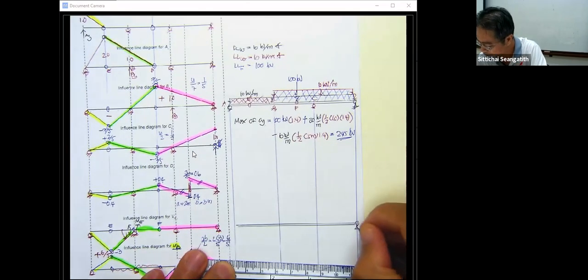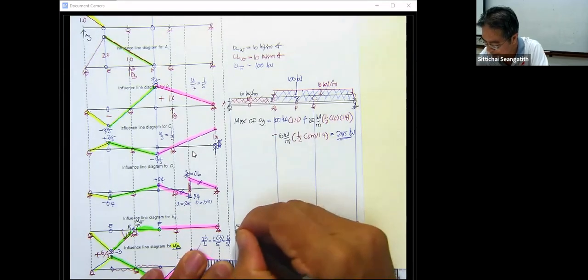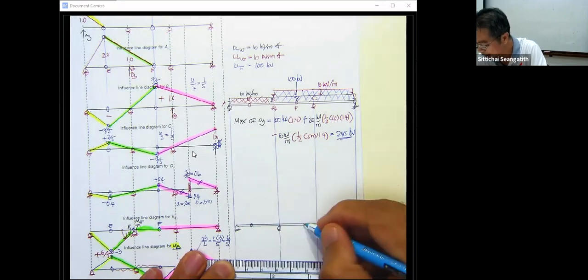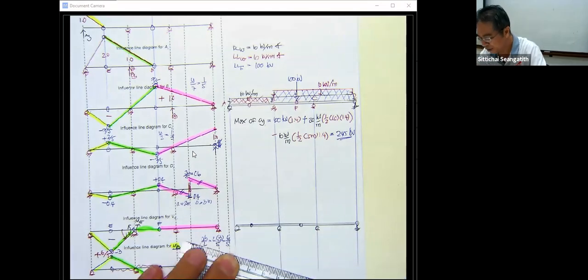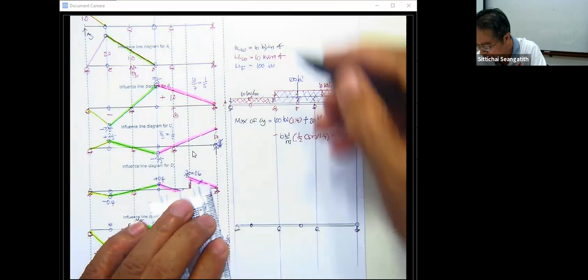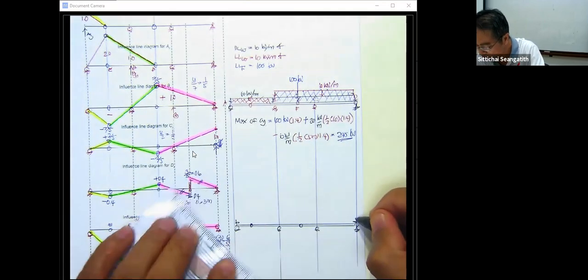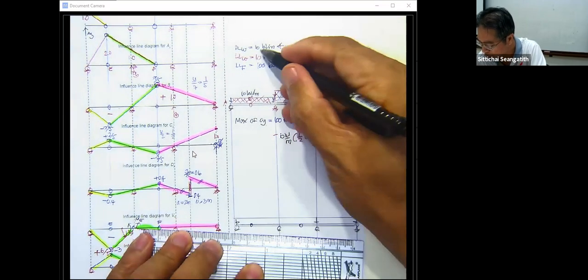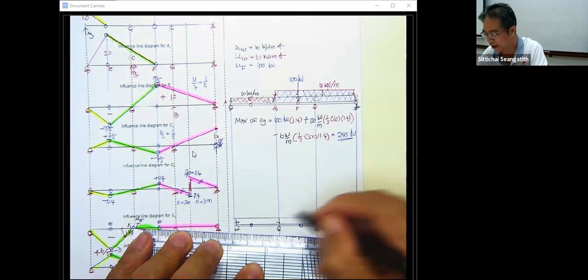So this is going to be the same, and we have this one for hinge and this one for hinge. We have only the negative, but even though we have the negative, since the dead load always goes along the length, by this one we just put the dead load W 10 kilonewton per meter along it.